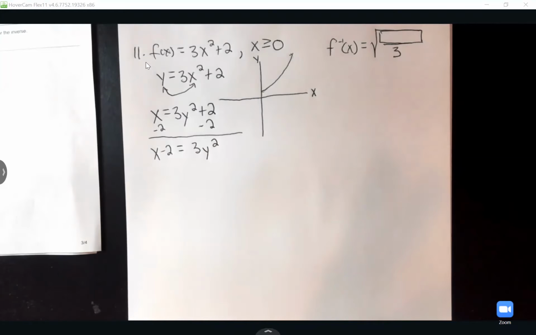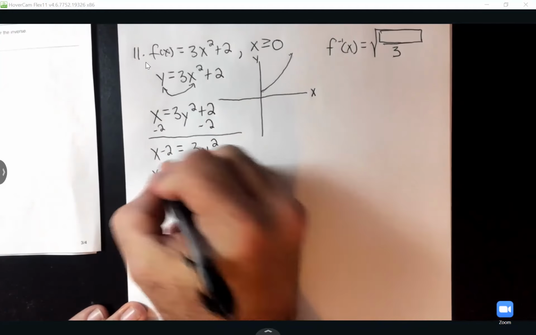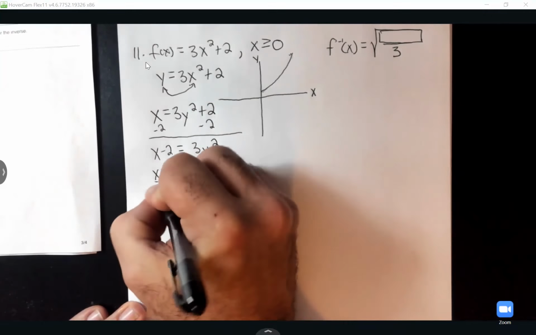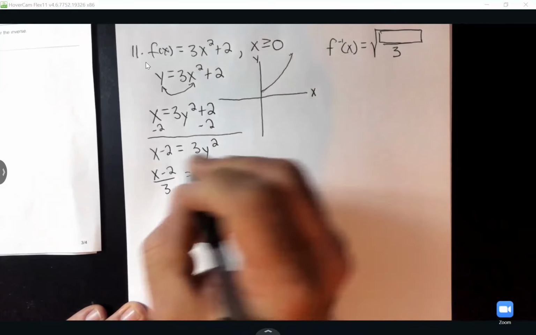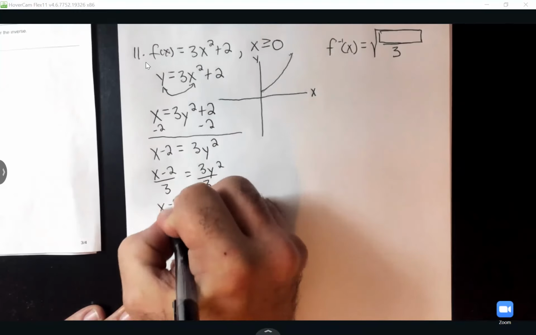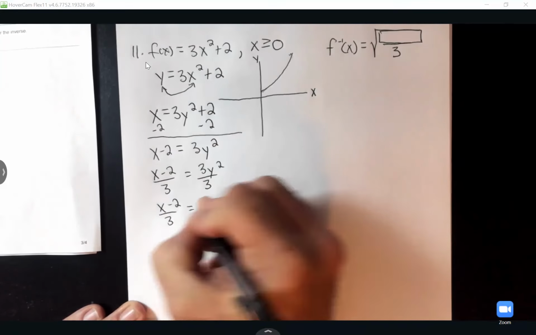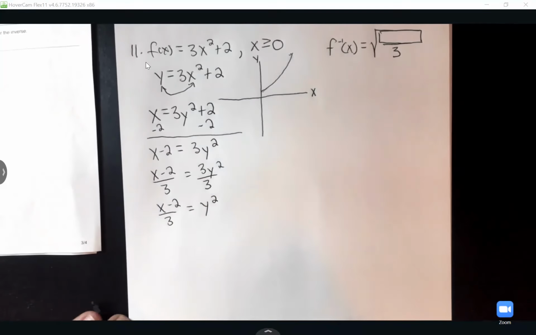Before I do the square root, I'm going to divide both sides by 3, because you always want the y squared to be by itself with a 1 in front. So that gives me x minus 2 over 3 equals y squared.